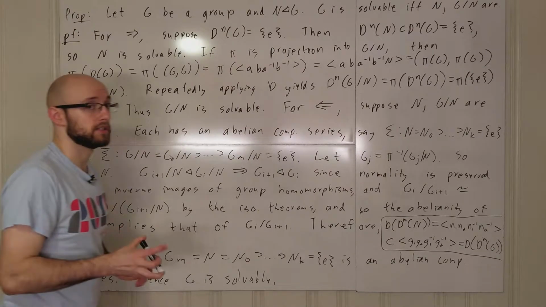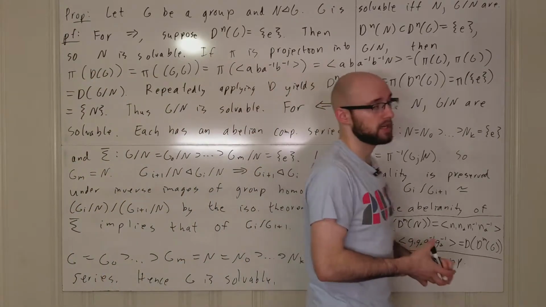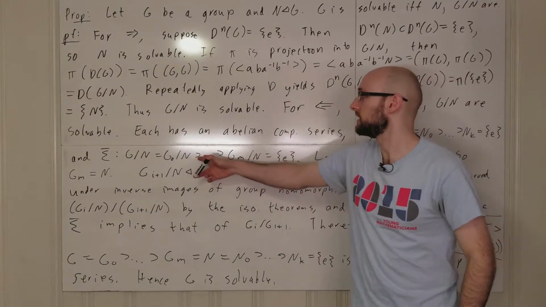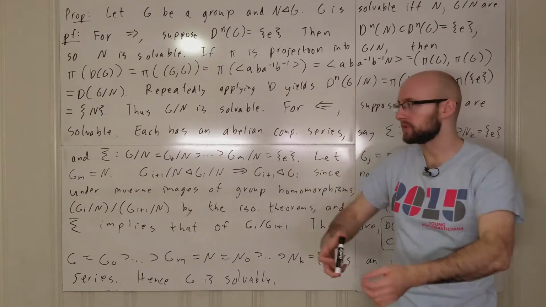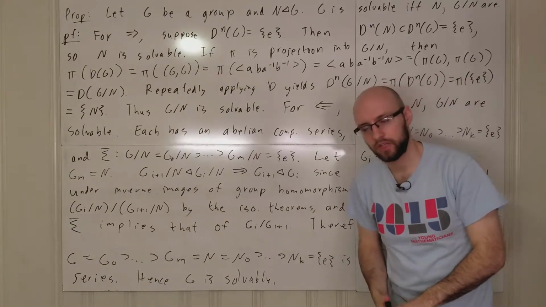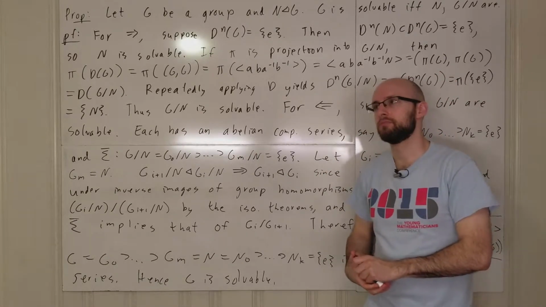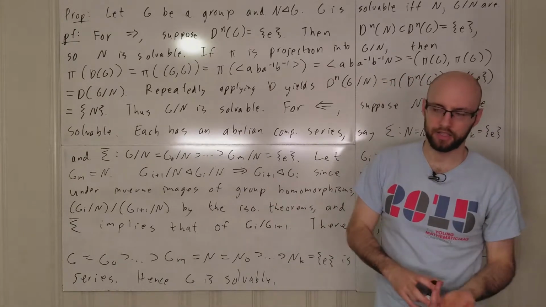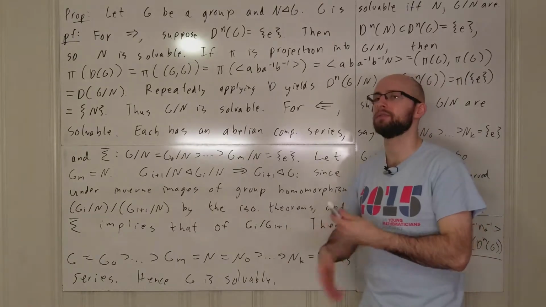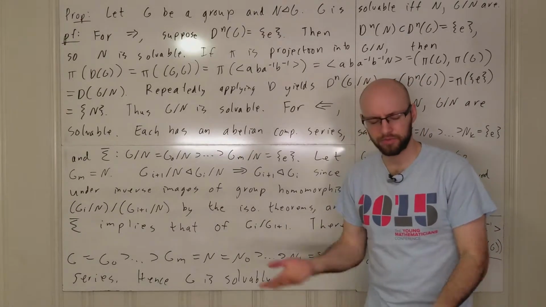The other thing to note is that each of these inclusions is normal, and we're pulling that back through a group homomorphism. We proved in a previous video that pulling back things through group homomorphisms preserves normality; you can go back and review that, or just reprove it if you need to.